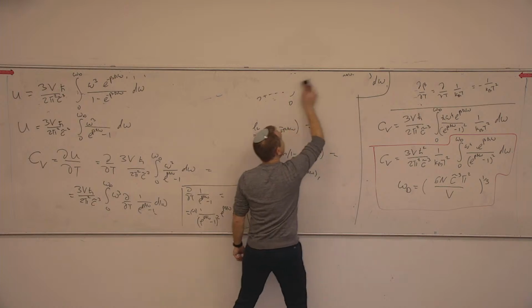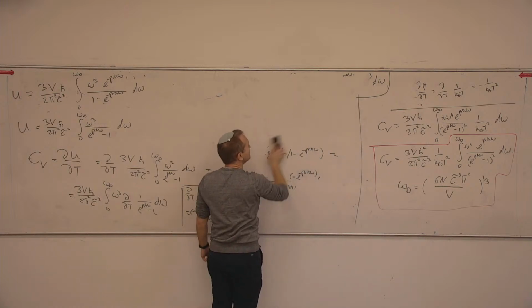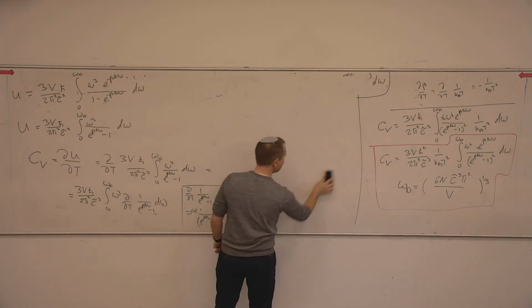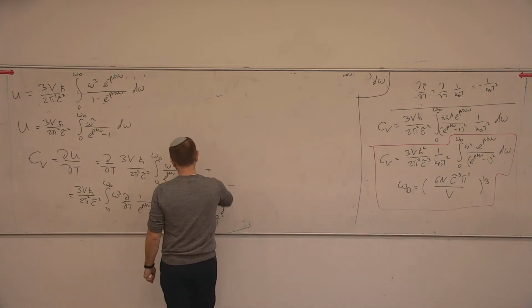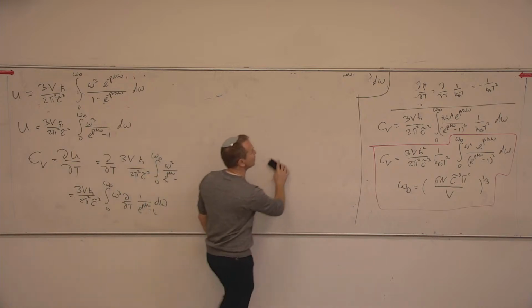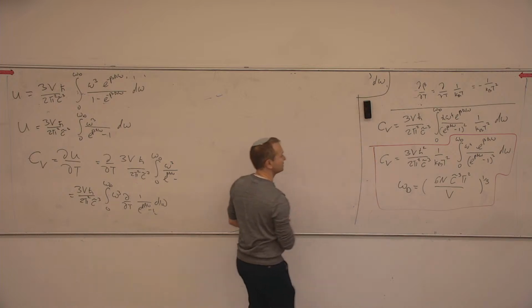Now, what we have done for the Einstein model, where the heat capacity was simpler, we took the limits. We took the limits of large temperatures and the limits of small temperatures.